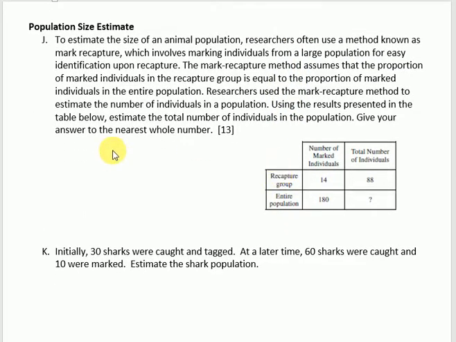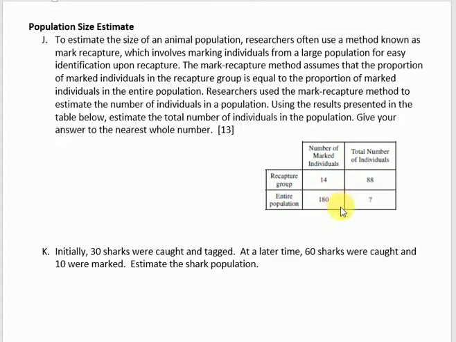This is an example of a population size estimate that was on a previous AP exam, 2013 to be exact. So basically what happened is they wanted to look at a group and look at their population, and they ended up capturing a certain number of individuals, letting them go, and then recapturing them again.